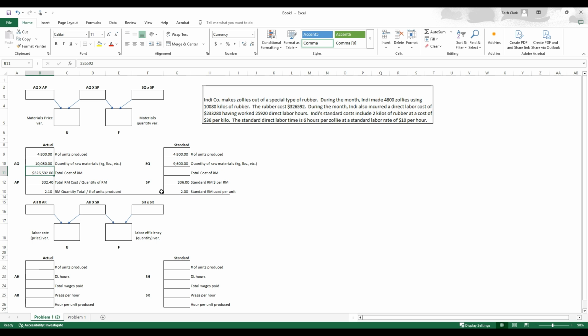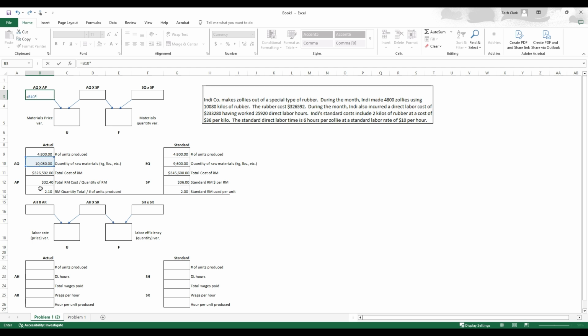That's where we can see the difference here. And the total cost of all of this raw materials at the standard price would have been $345,600, and we were able to come in a little under that because we had a favorable cost variance that we noted here previously. So, all right, let's go ahead and put all these in.